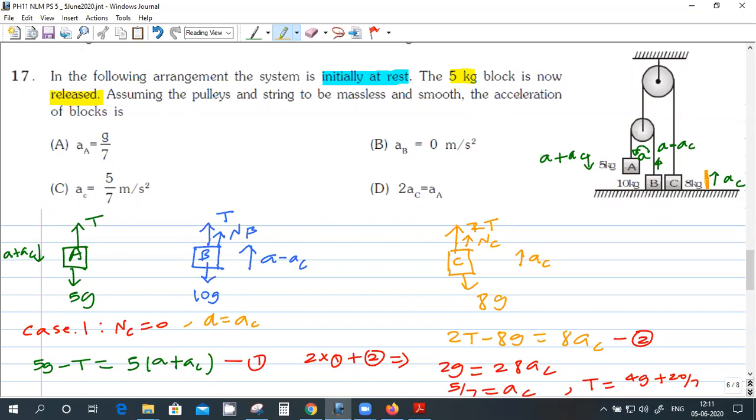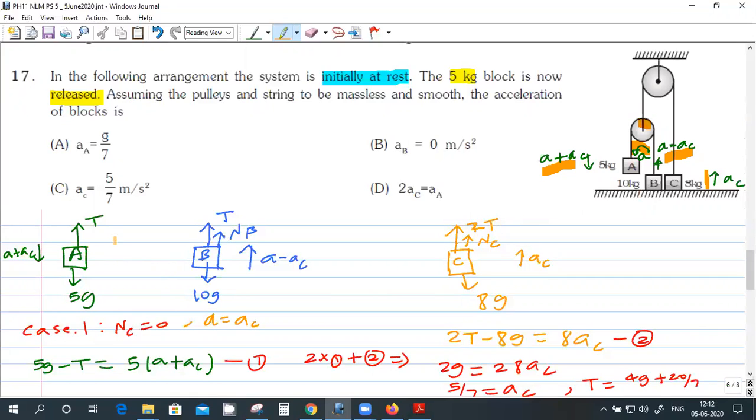And with respect to this pulley, let the string move like this in the anti-clockwise direction. So with respect to the ground, the acceleration of A will be A plus AC, and the acceleration of B will be A minus AC. Is that clear? Yes, sir.